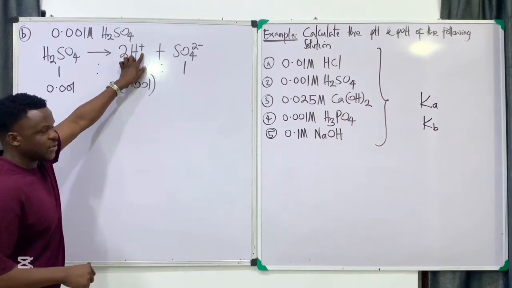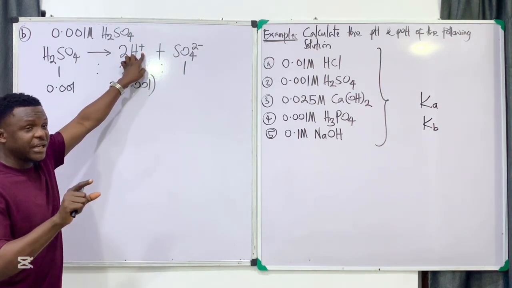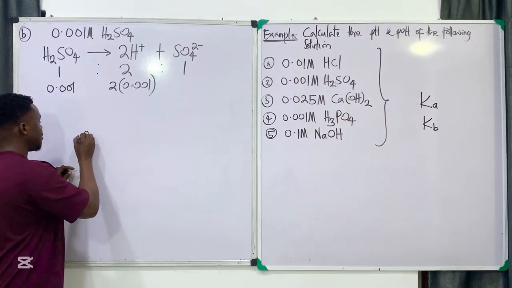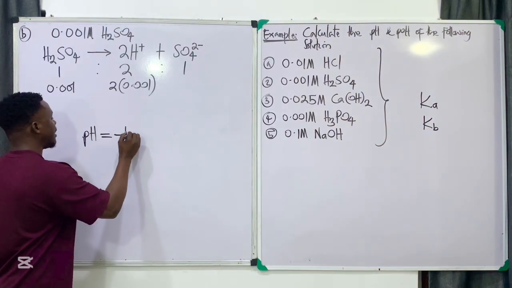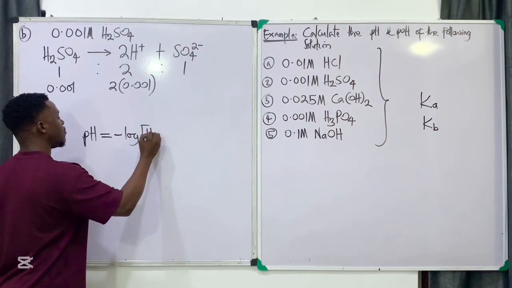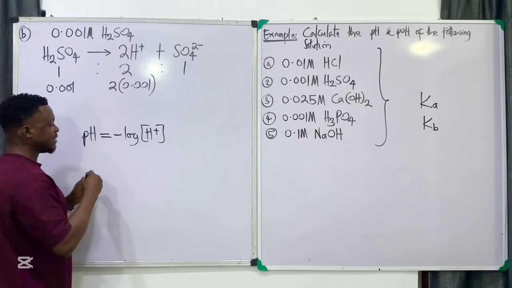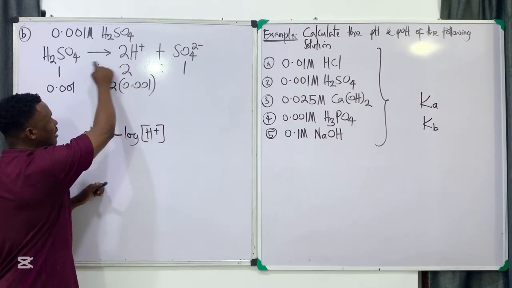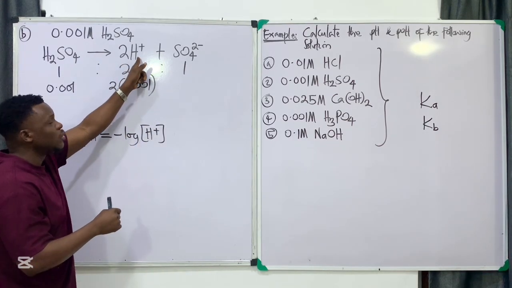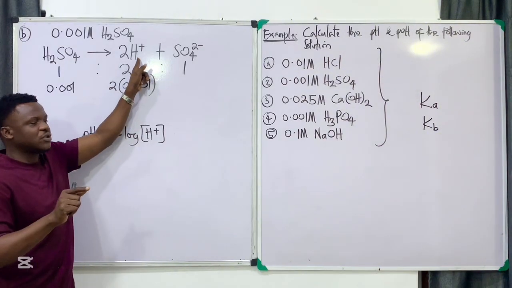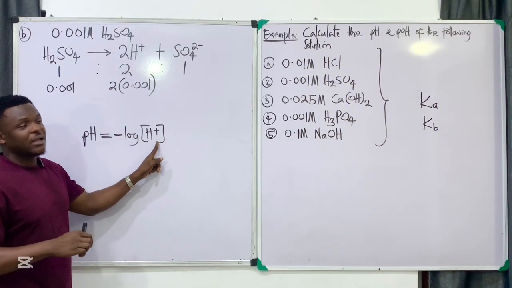I need H plus because the formula for pH is pH equals negative log of H plus. So that is why I'm carrying out this dissociation, to know the exact value of H plus, so I can substitute into this formula.